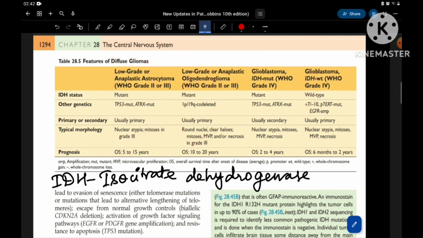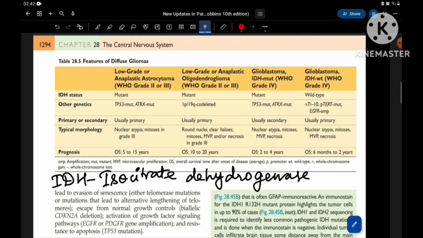For example, the first time you see a patient, you take a CT or MRI scan, preferably MRI, and you can diagnose anaplastic astrocytoma, glioblastoma wild type or oligodendroglioma. But glioblastoma IDH mutant should not be in your differential diagnosis because it is usually secondary.